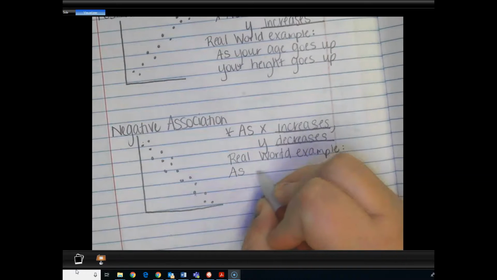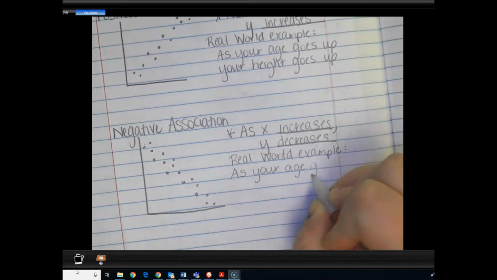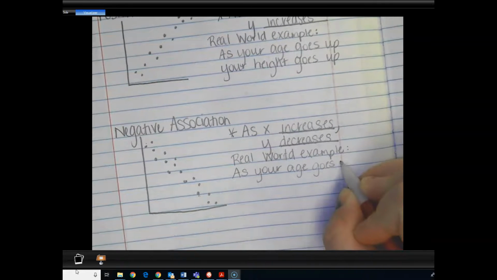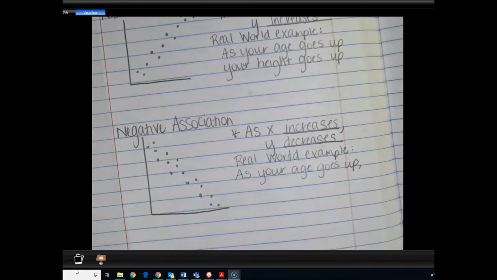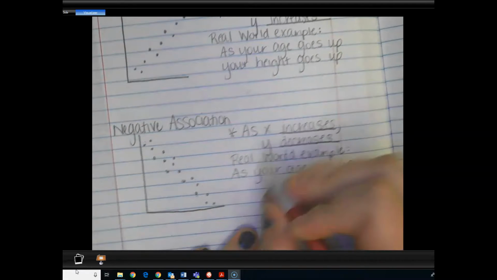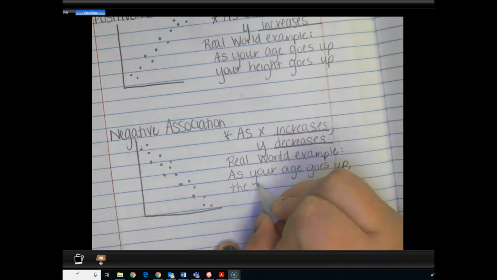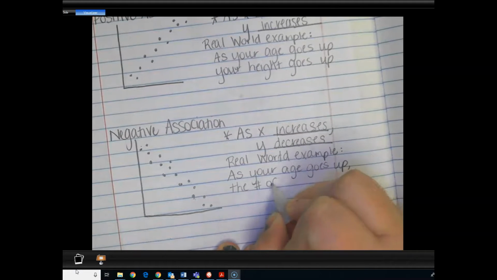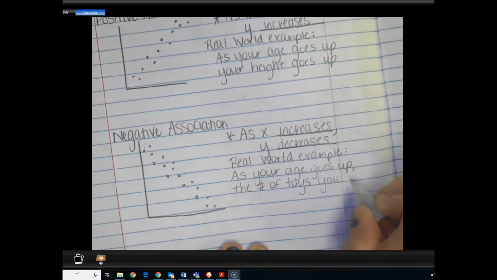As your age goes up, the number of toys you have goes down.